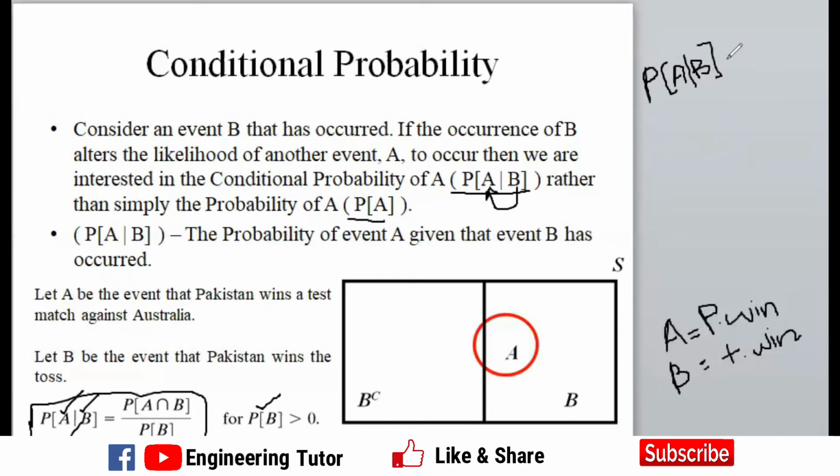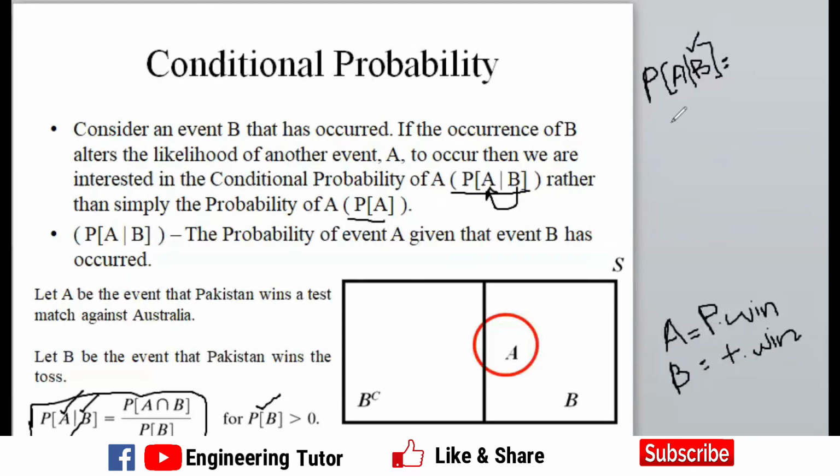This is what this formula is telling you: B has already occurred. They have tossed a coin, and Pakistan has won the toss. And after winning the toss, what is the chance of winning this test match? So this is again a case of conditional probability.